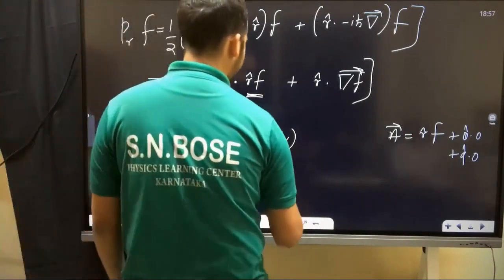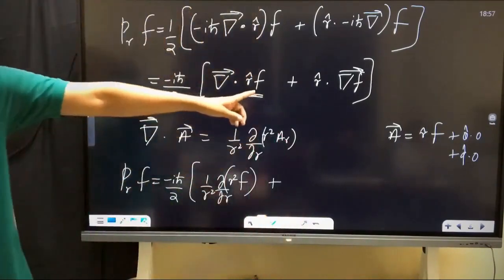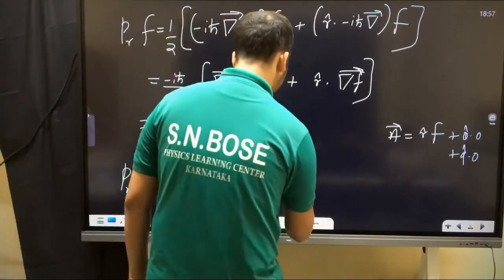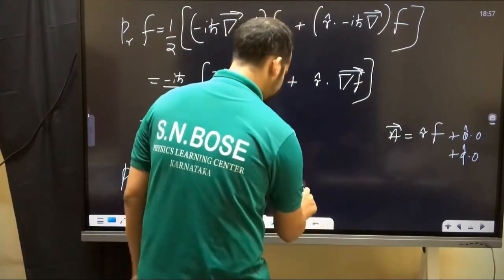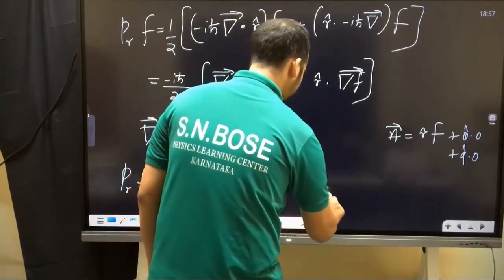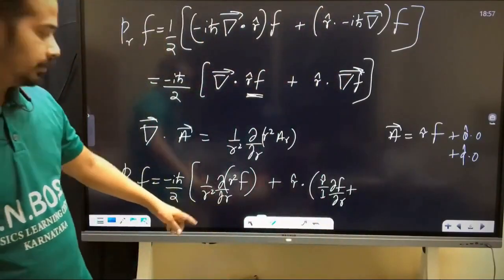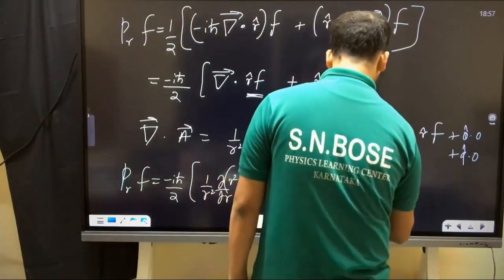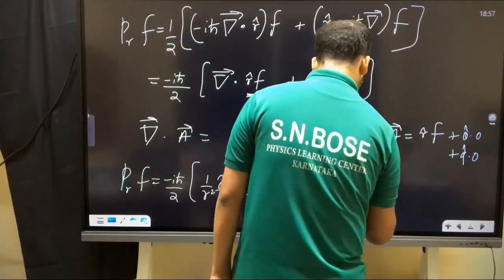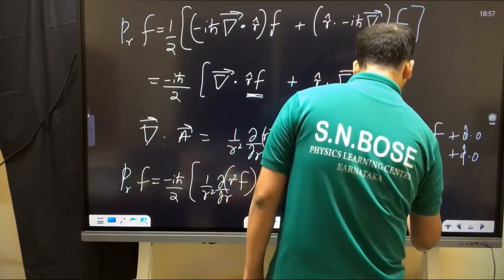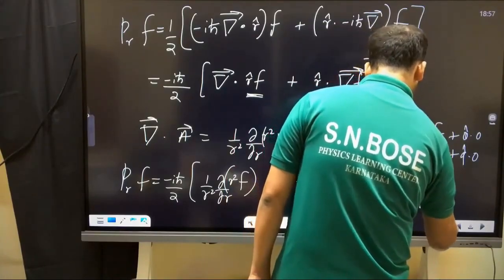Plus the second part is a bit simple: r cap dot of r cap ∂f/∂r plus theta cap by r ∂f/∂theta plus phi cap by r sine theta ∂f/∂phi.